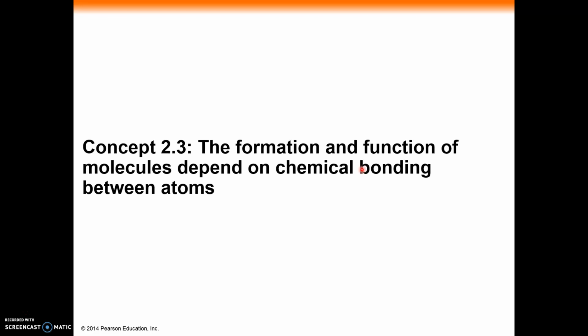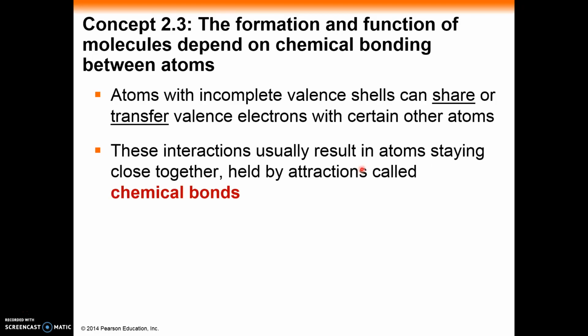So, if you remember from concept 2.2, where we were talking about the idea that atoms with incomplete valence shells want to have complete valence shells. And I touched on the idea that if you only have one in your outer shell and you can get rid of it, your next shell down will be full.